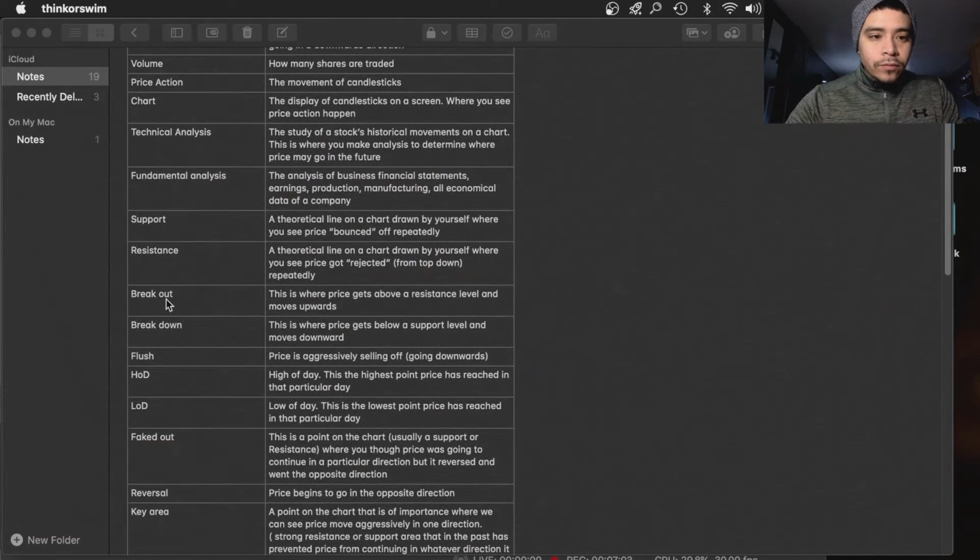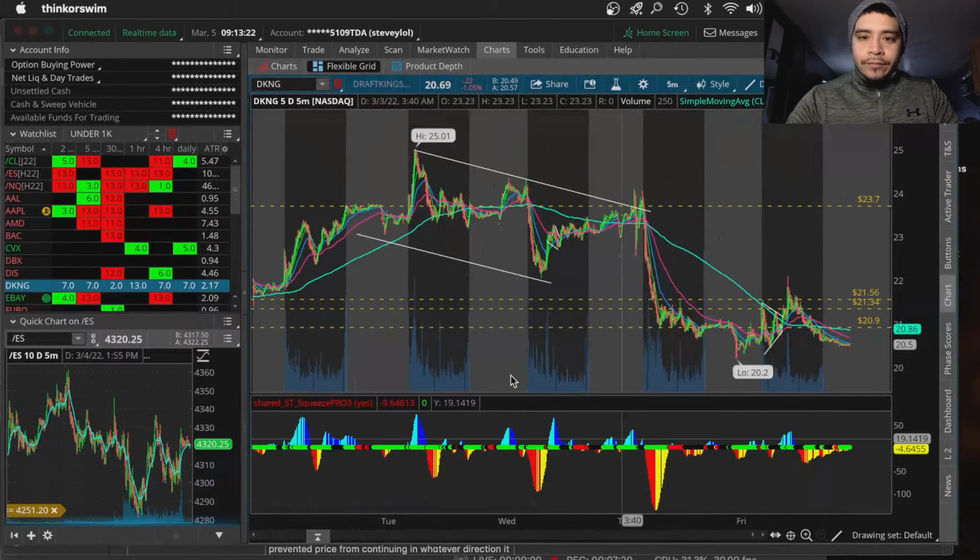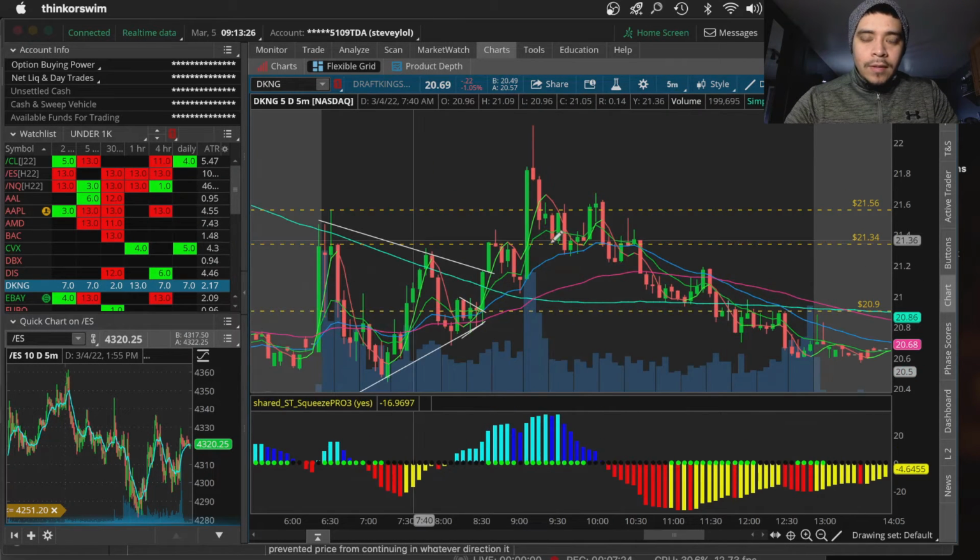Now, go to breakout and breakdown. These are pretty much the same in that a breakout is when price gets above a resistance level and keeps going upward. Breakdown is where price gets below a support level and moves downward. So to show you guys visually, right here, you can see price broke out of this resistance, right?